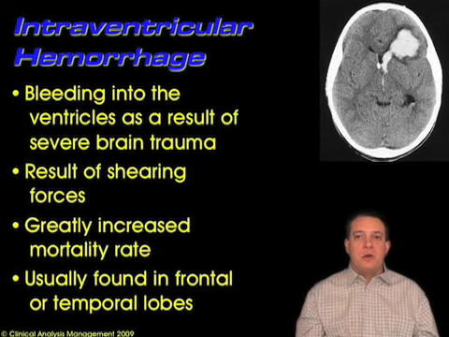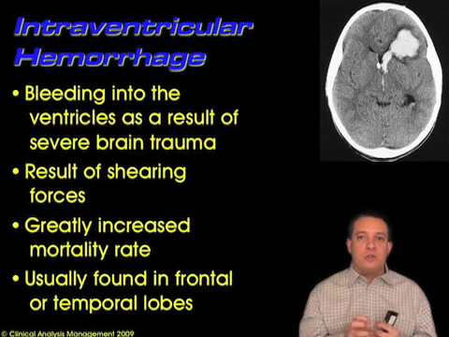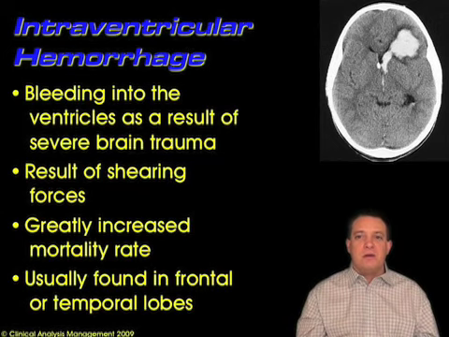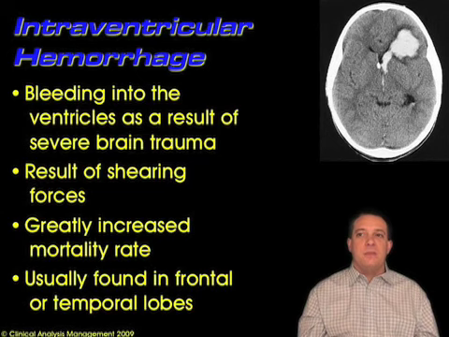Well, if the bleed is occurring in the ventricle itself, then obviously the ventricle is not going to be able to collapse. So these patients can have really high spikes in their ICP really quickly. When we look at the CT above us, you can see that that patient has both an intracerebral hematoma and an intraventricular hemorrhage as well.